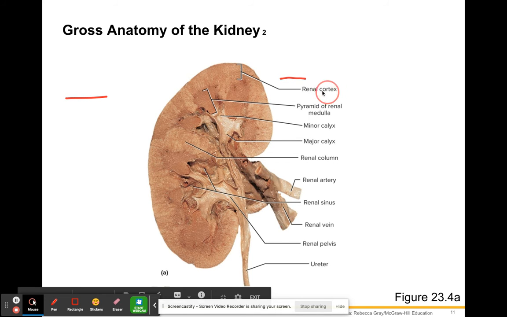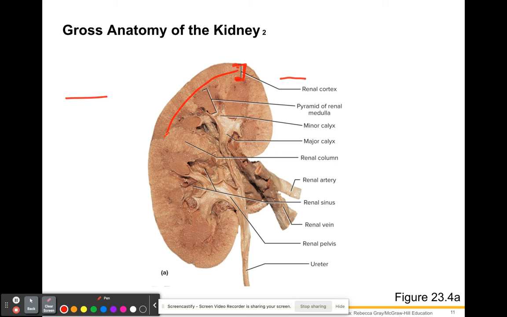Here's our cortex, this kind of lighter area out here, and it goes along the whole lateral side of our kidney. And then the medulla are these darker circles, or they're supposed to look like pyramids. When you see it in a drawing, they have more of a pyramid shape to them. But that's the medulla.